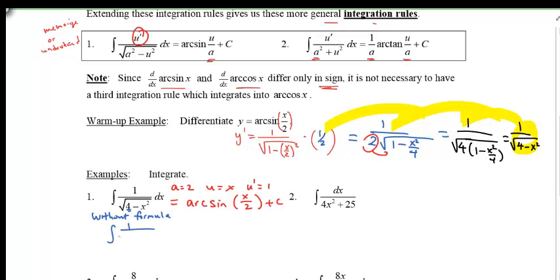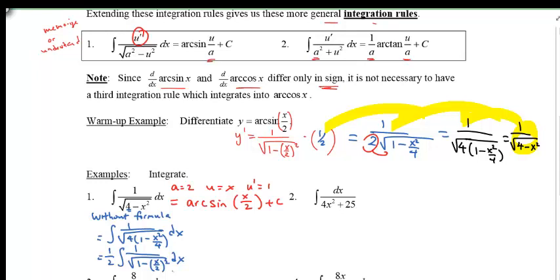So watch: the square root of 4 times the bracket 1 minus x squared over 4, dx. Make sense? Just like in the previous example going backwards, the square root of 1 over 4 becomes my 1/2 outside. I'm going to rewrite the square root underneath as 1 minus x over 2 all squared, dx.